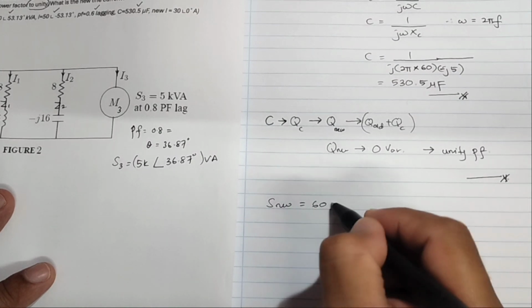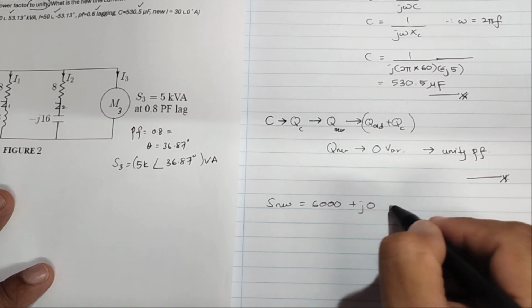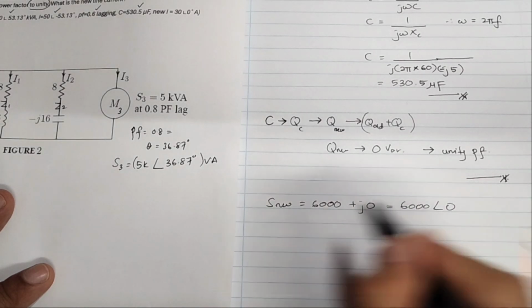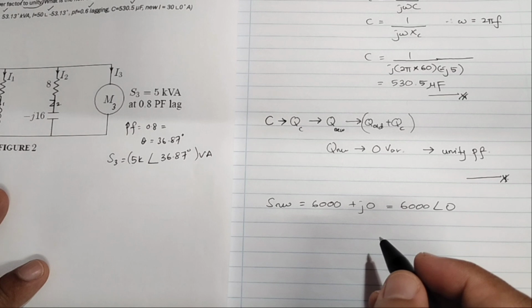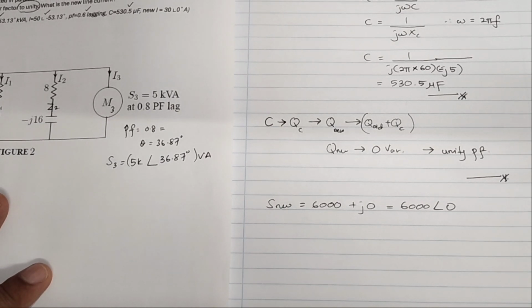Maksudnya 6,000 tambah J kosong. Selepas install. Ataupun sini akan jadi 6,000 sudut kosong. So, of course lah, dia punya current akan jadi sudut kosong jugalah. Sudut kosong juga. So, current macam mana kira?